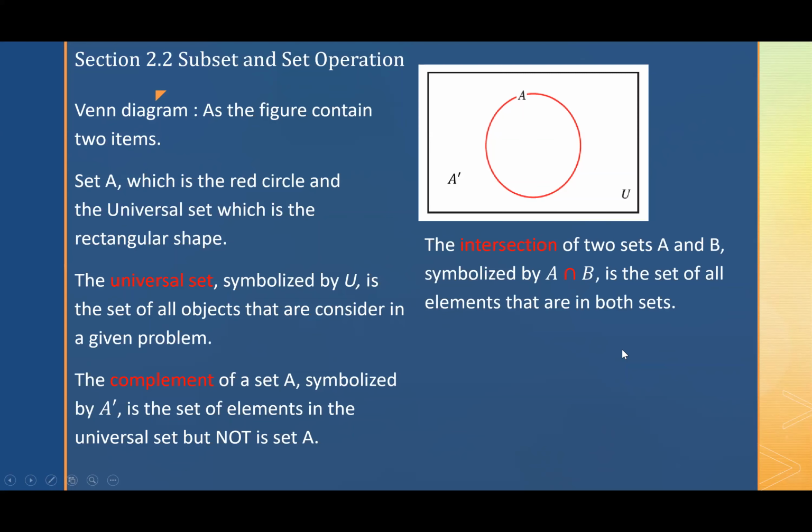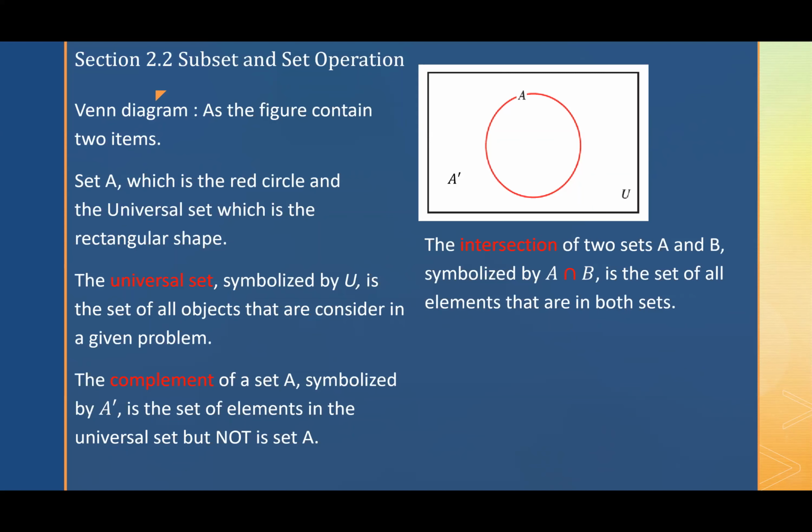It basically tells you that the element is inside both A and also in B. One thing I tell my students, ladies and gentlemen, is that whenever they ask you to find the intersection, you have to give them what both sets share. The intersection is basically what is in both A and also in B. On the next slide, you will see the Venn diagram.